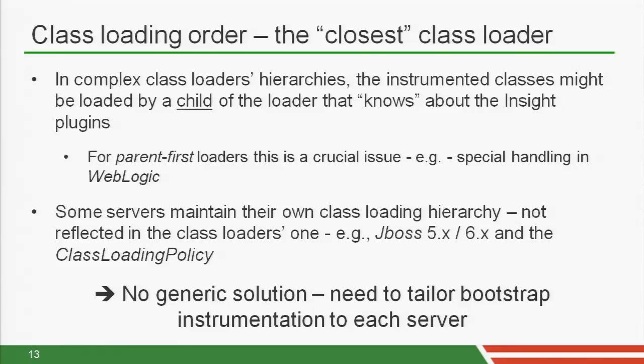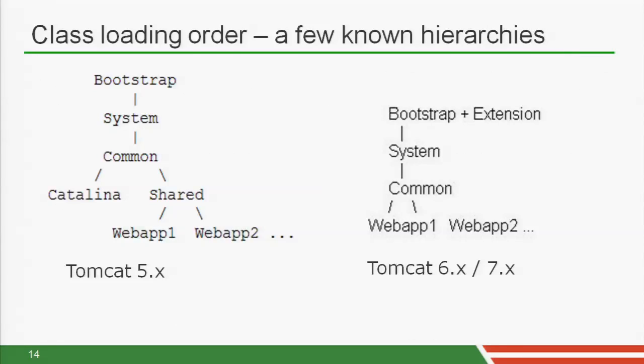Okay, it's called the class loading domains and class loading modules and class loading policies and stuff like that. And they could be a very deep hierarchy. So what we had to do there, we did not instrument the class loaders, we instrumented the policies, because they are the ones who are actually doing the loading. Okay, so since there is no standard, we need to tailor each aspect specifically.